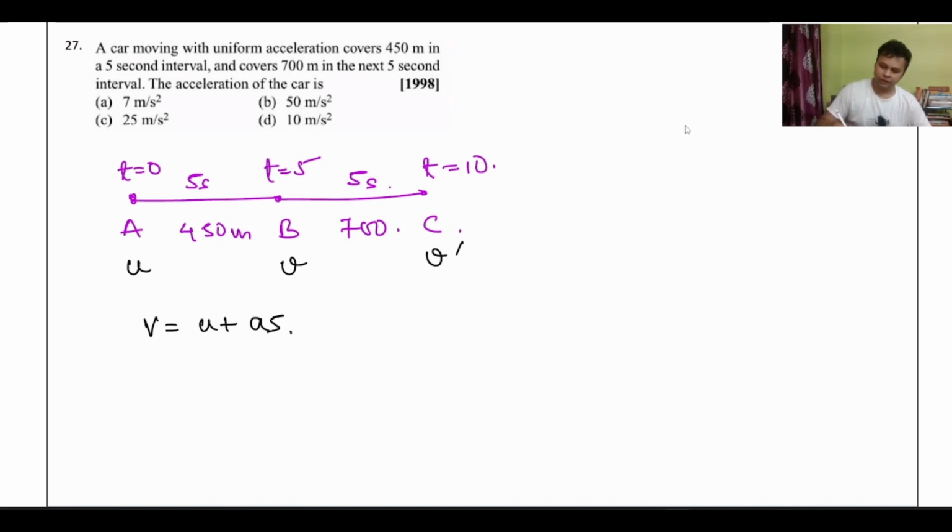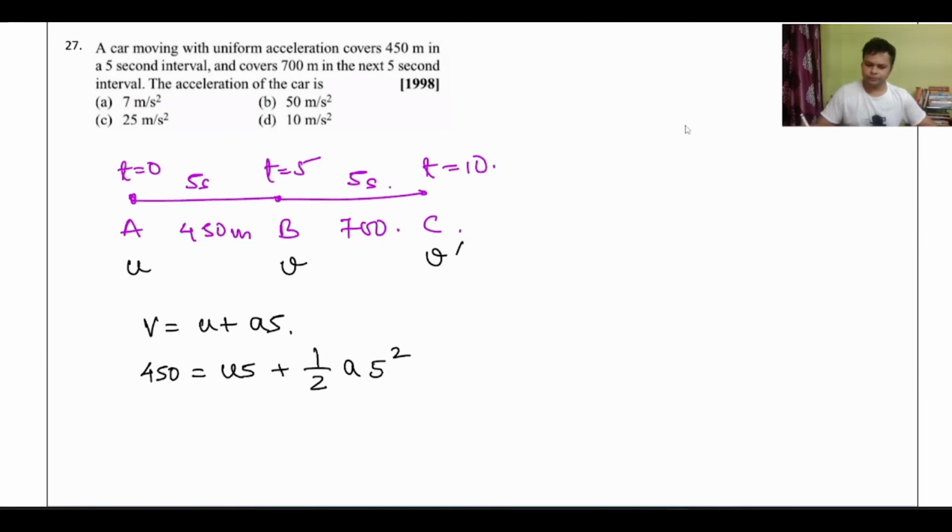And one more equation: s is equal to ut plus half a t square. So 450 is equal to u into 5 plus half of a into 5 square.